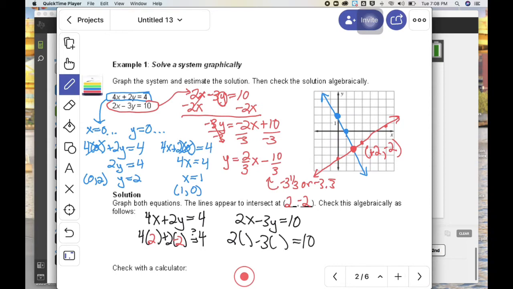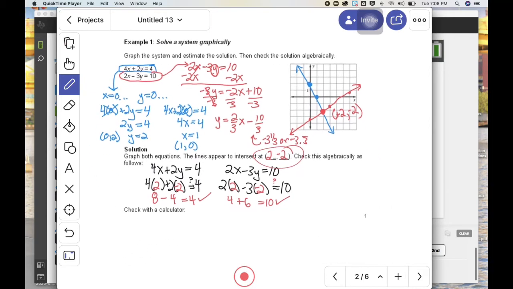And in those blanks, I need to fill in my x value of 2 and my y value of negative 2. And I just want to see if these make true statements. So I have 8 minus 4, and I'm asking myself, is that 4? Sure is. And then I have 4 plus 6. Is that 10? Sure is. So it's in this way that 2, negative 2 satisfies both equations.